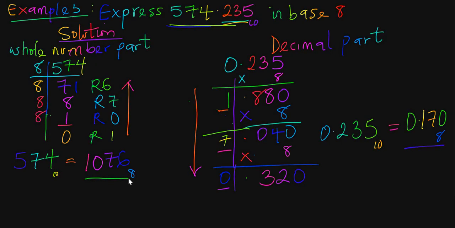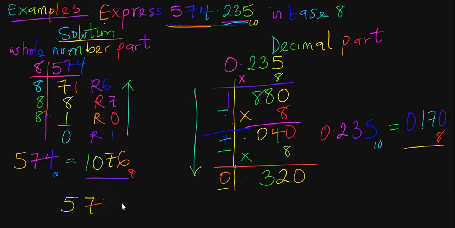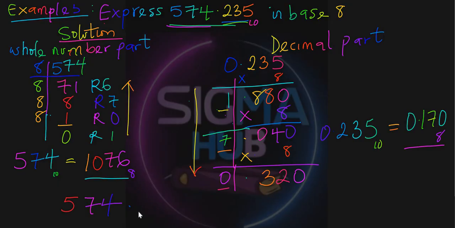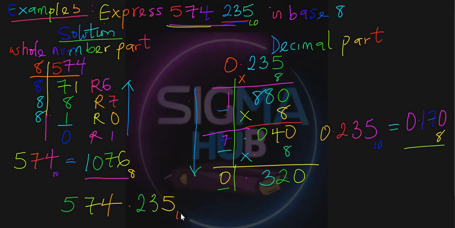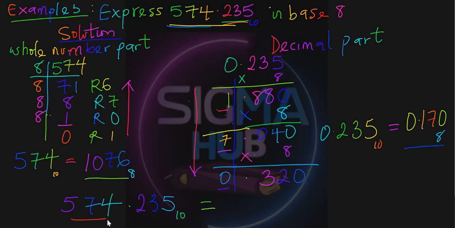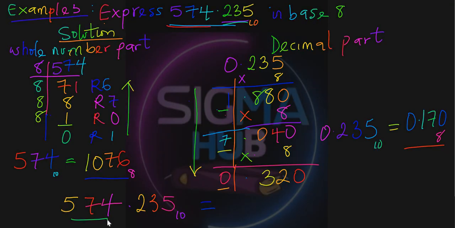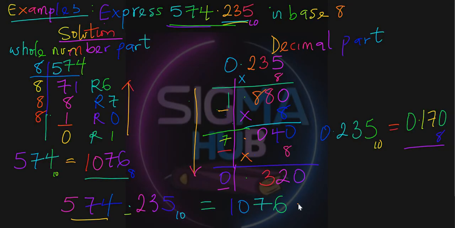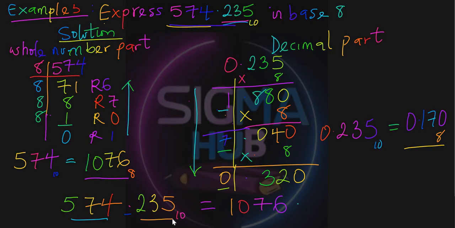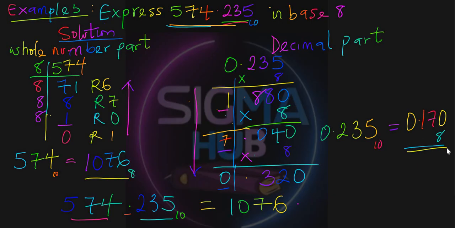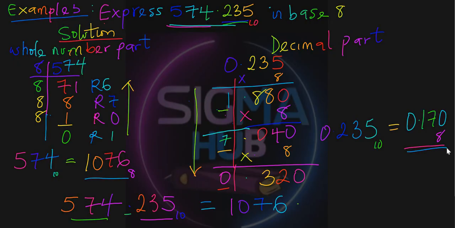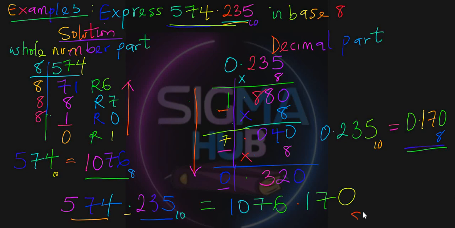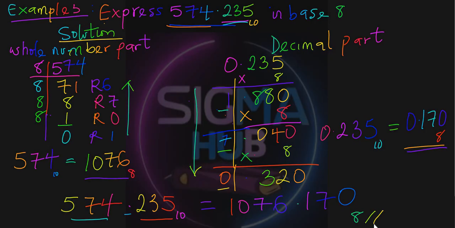So merging them together, hence 574.235 in base 10 is the same thing as 1076 for the whole number part, then point, and for the decimal part, 0.170 in base 8. That's just how you go about it.